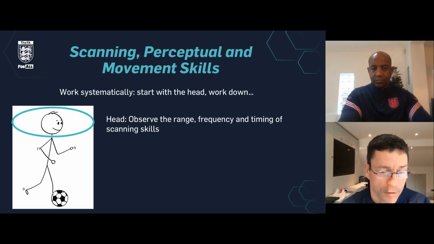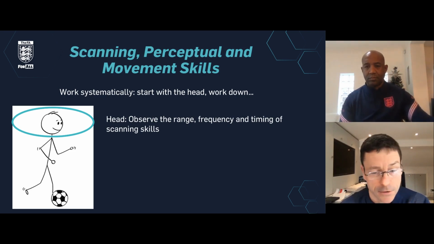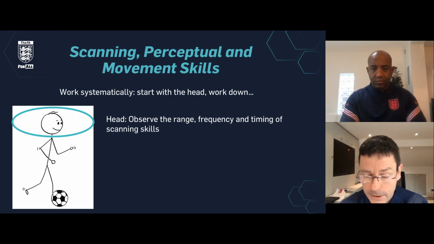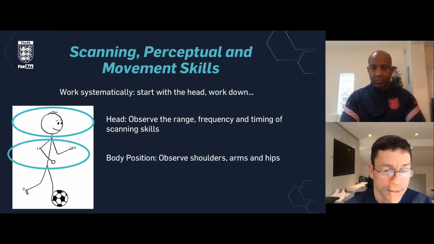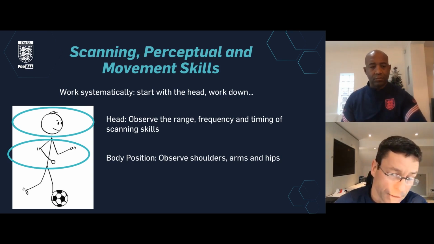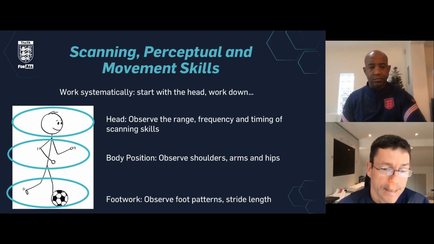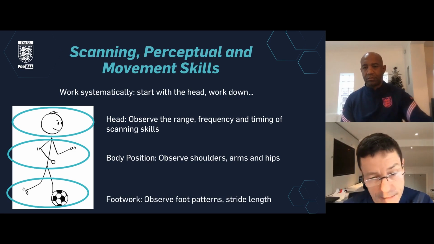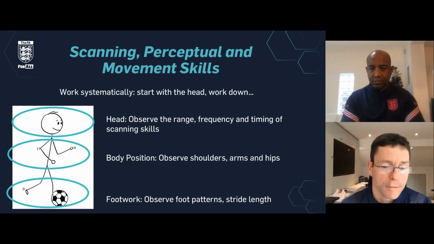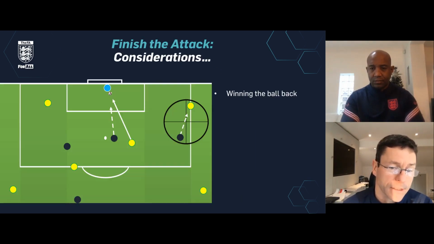The top players are looking all the time, checking the goalkeeper's position, checking the defender's head and position, checking for the little signals from Harry Kane to Sterling and so on. And then we're looking at the body position, shoulders, arms, hips, the way Kane dipped his body to keep over the ball, and the footwork to get him into place, the stride pattern and the connection on the ball. We're looking at all those things very closely.